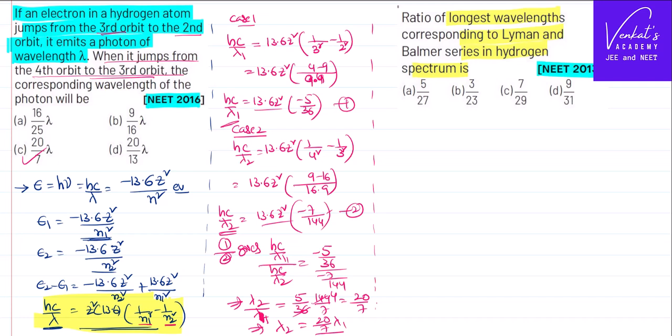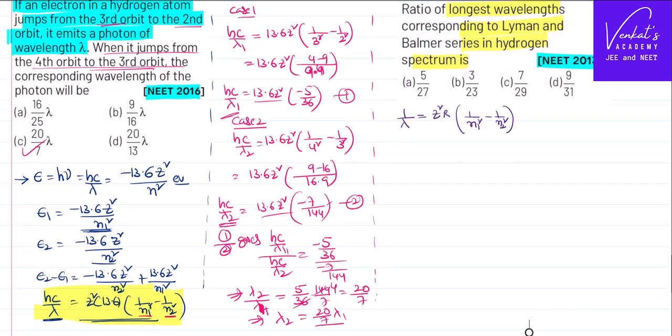First of all, we need to write an equation for this. We know the equation for the wavelength in Bohr's atomic model is 1 by lambda equals Z square R times 1 by n1 square minus 1 by n2 square, where Z is the atomic number and R is the Rydberg constant.